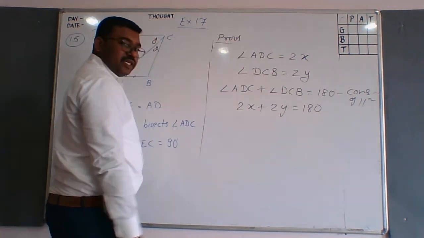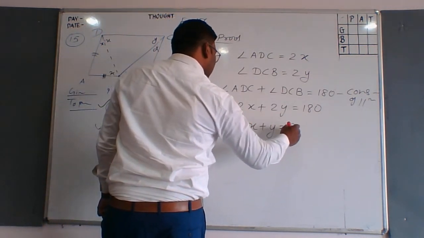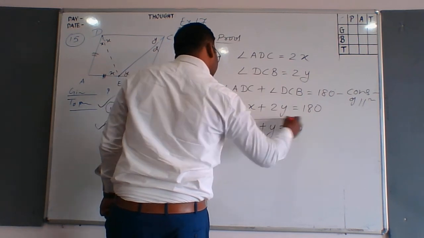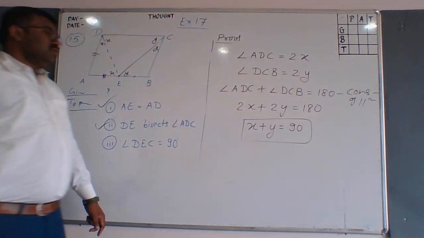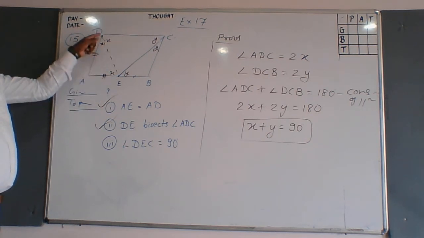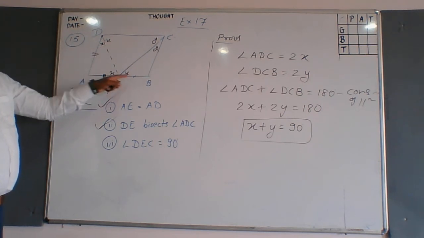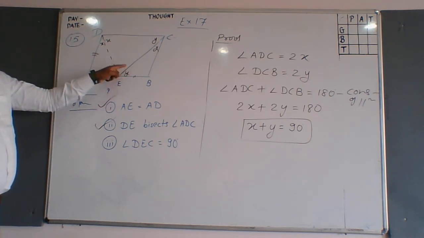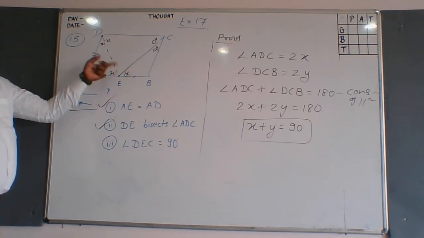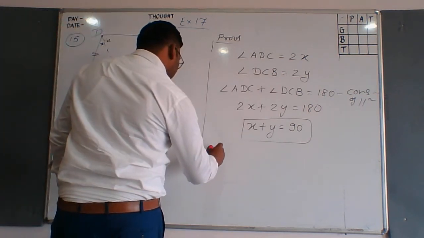Dividing the whole equation by 2, we are getting x plus y equals 90 degrees. Correct? If x plus y is 90 degrees, now come to this angle AED, angle DEC, and angle ECB. 1, 2, 3. These three angles are on a straight line. That means their sum is 180 degrees. Okay.